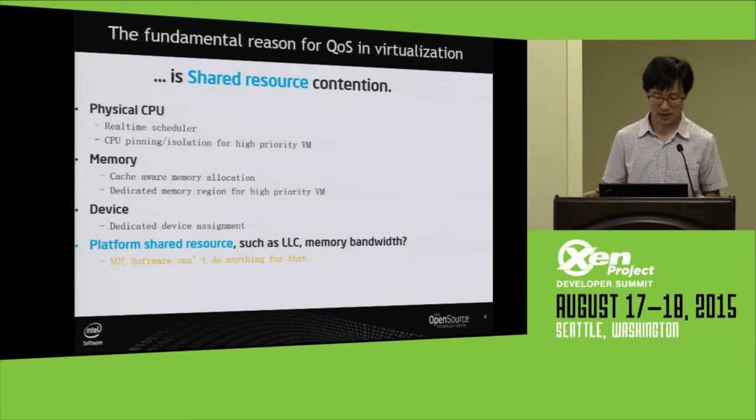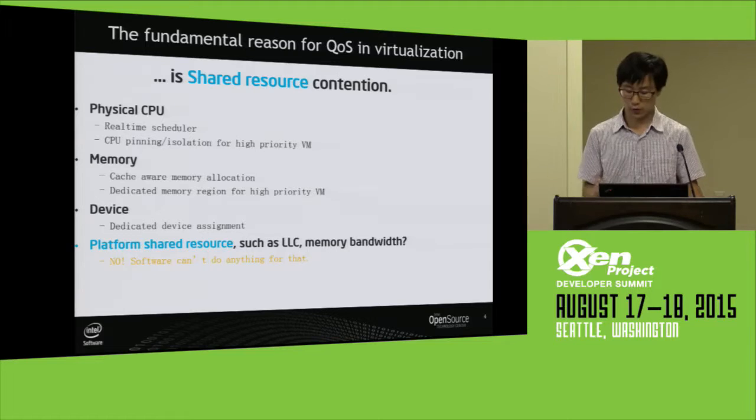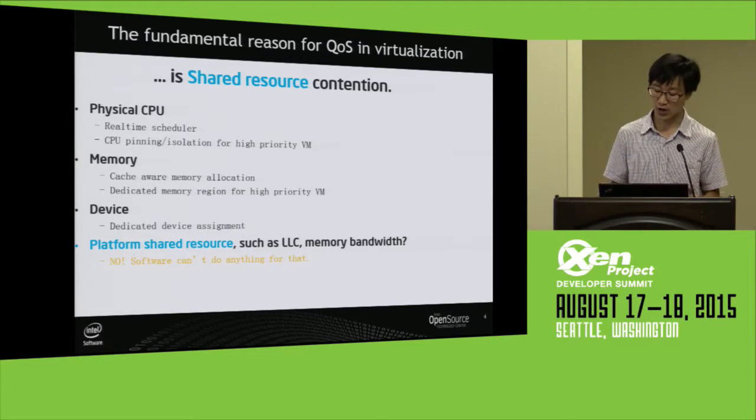In the past, hardware just hid all these details in a black box, and the behavior is unpredictable when resource contention happens. So if we can't control this shared resource, then it's not possible for us to achieve our QoS goal.